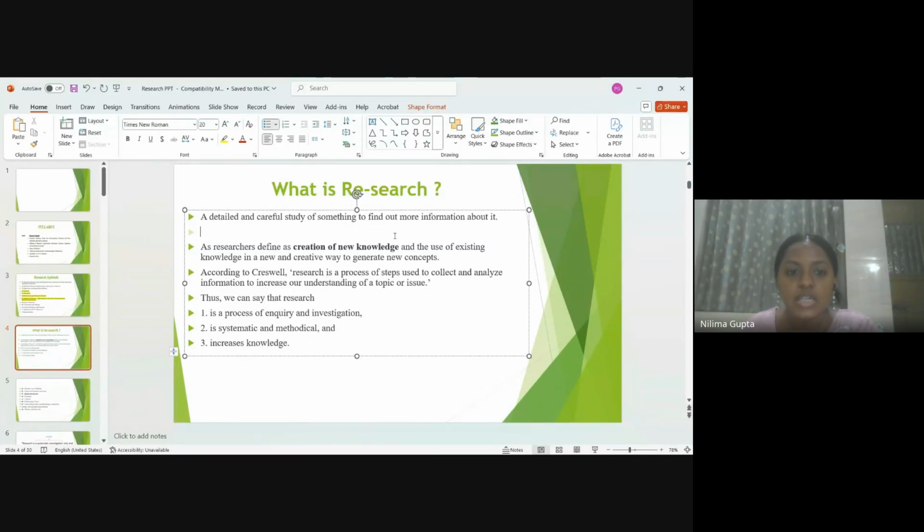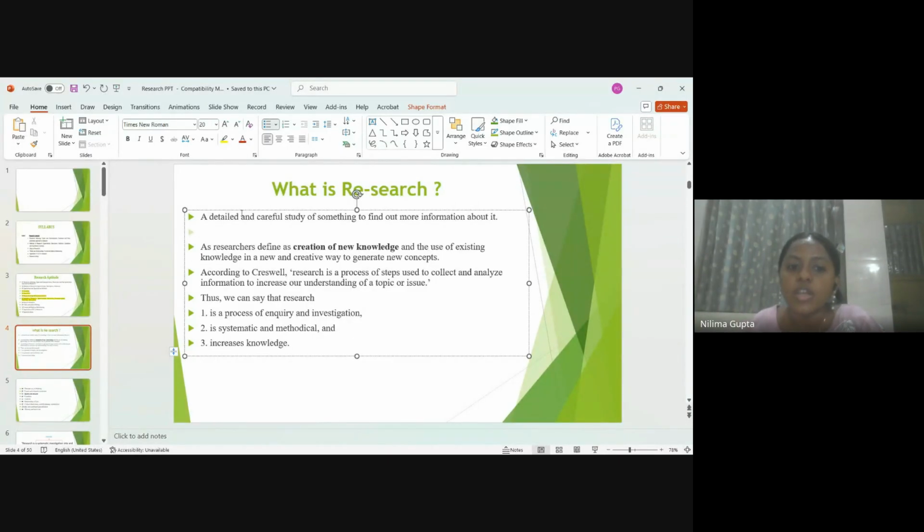It is basically a detailed and very careful study of something to find out more information. The knowledge is already available, so how are we doing something unique and innovative? There is already something there, and we are finding some loophole or connection and bringing out something new out of it, which is called research.